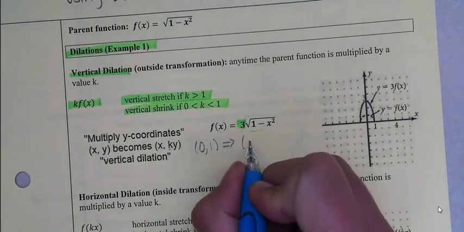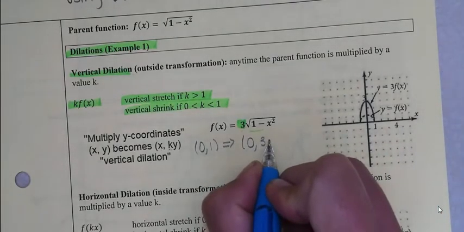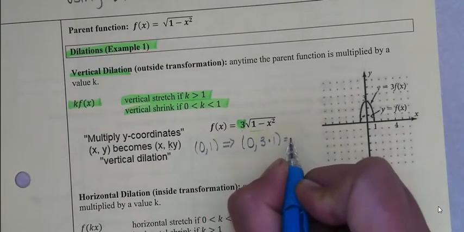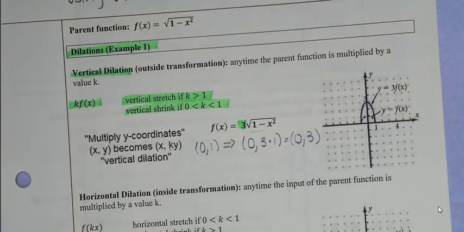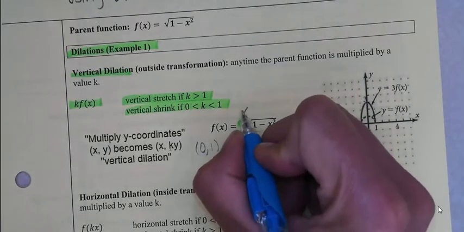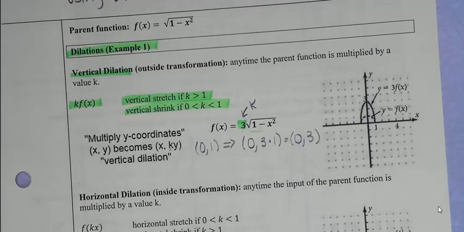So my new point is going to be (0, 3 times 1), which basically is (0, 3). So 3 is my k. It's getting multiplied to the parent function. So that's a vertical dilation.